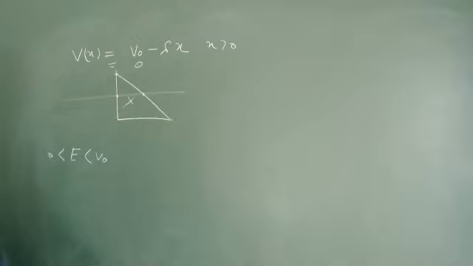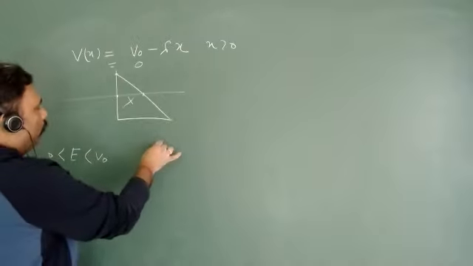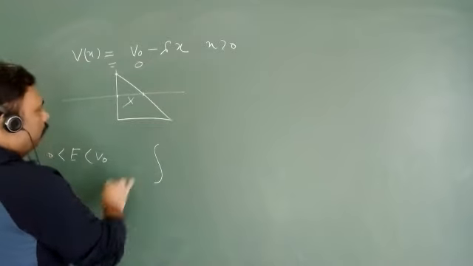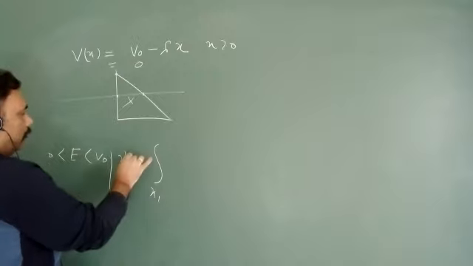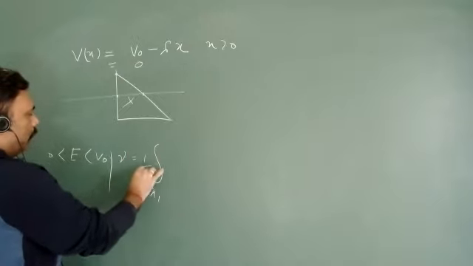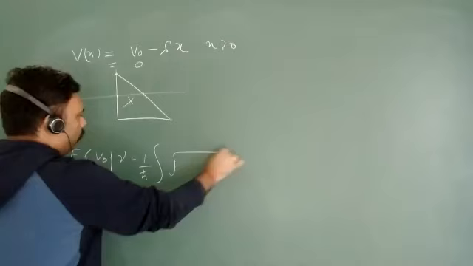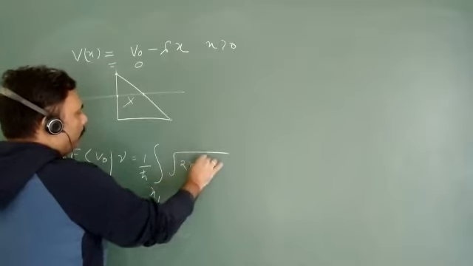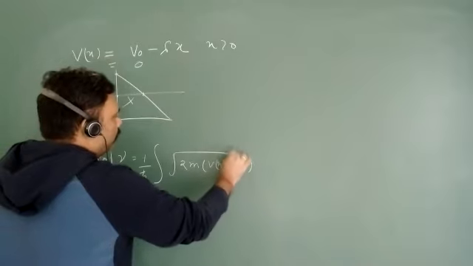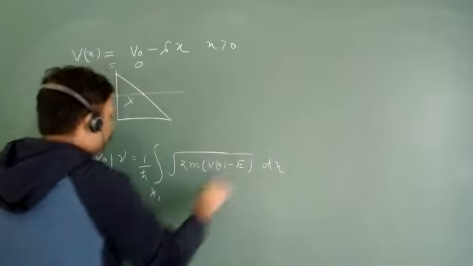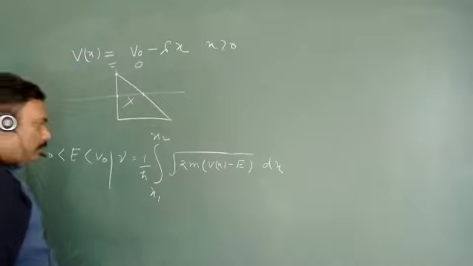So what do we have to do? We have to go for the integration from x1 to x2 and calculate gamma, isn't it? Gamma is equal to 1 upon h cut, integral of root of 2m (Vx minus E) dx, where the limits are x1 and x2.